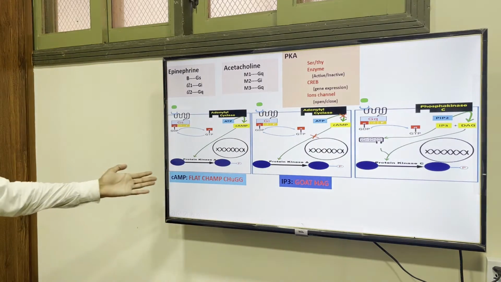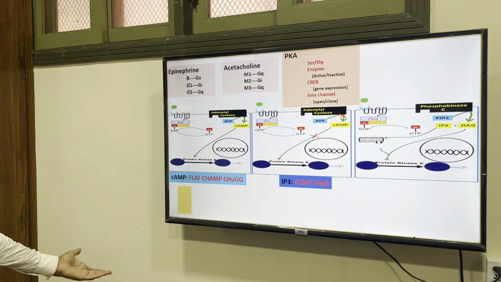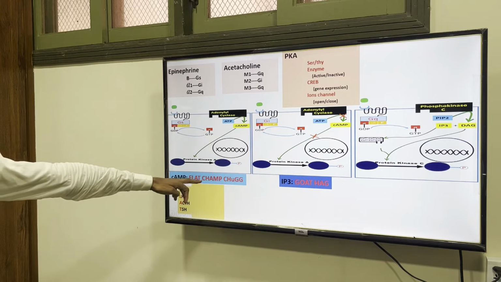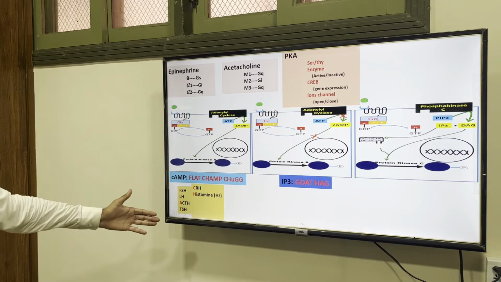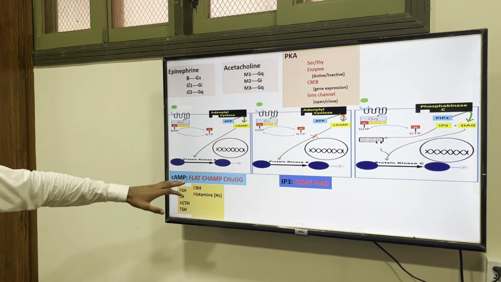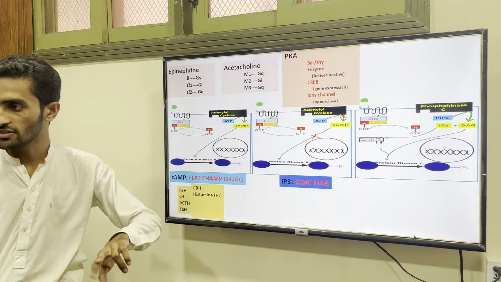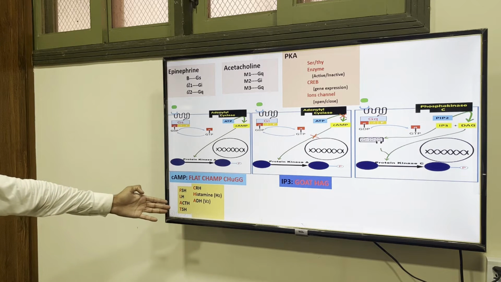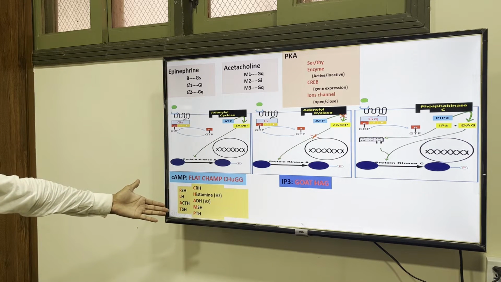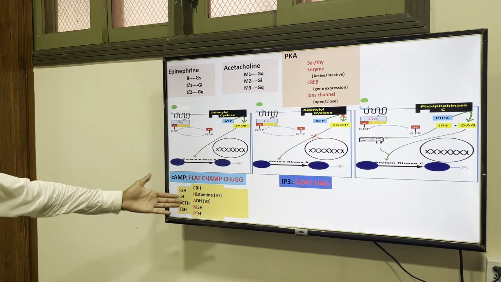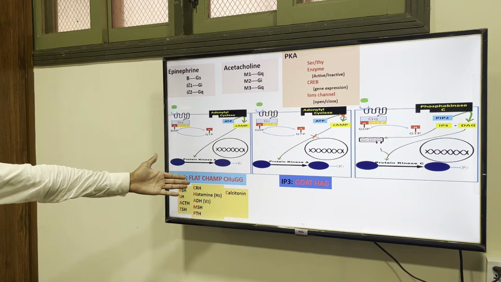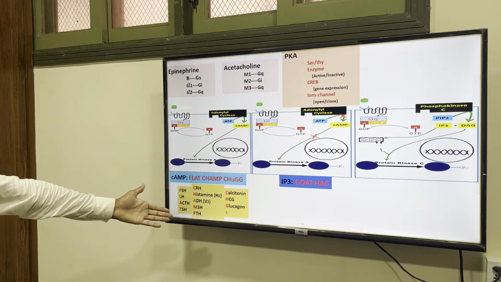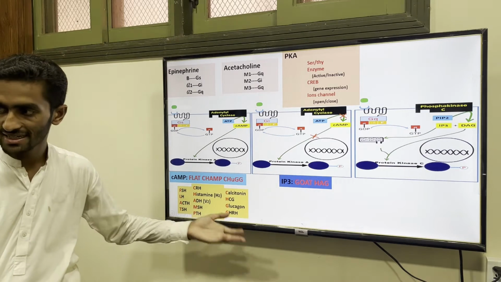Let's see what the hormones are. FLAT means FSH, LH, ACTH, and TSH. CHAMP represents CRH, histamine 2 (histamine has two receptors, H1 and H2, and H2 uses this pathway), ADH, MSH, and PTH. CHUG represents calcitonin, HCG, glucagon, and GHRH, growth hormone releasing hormone.